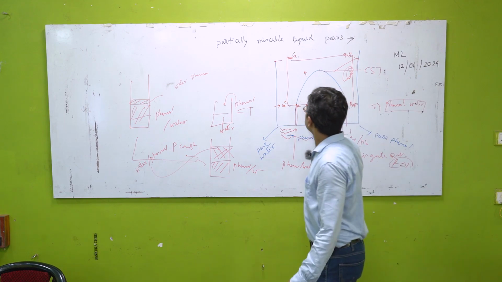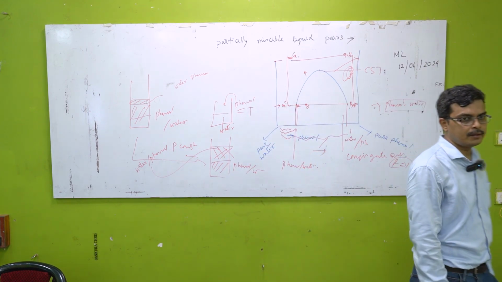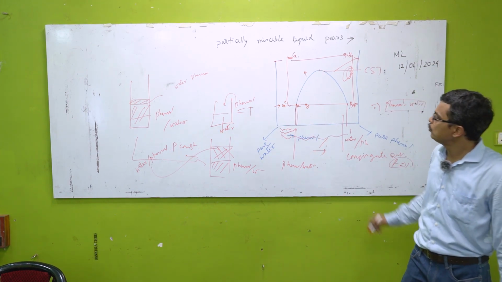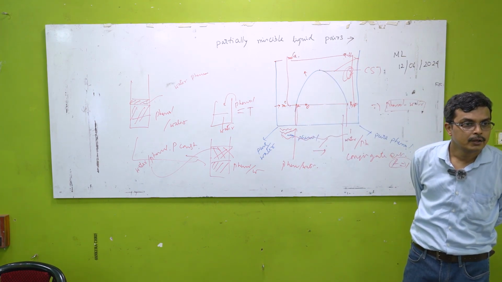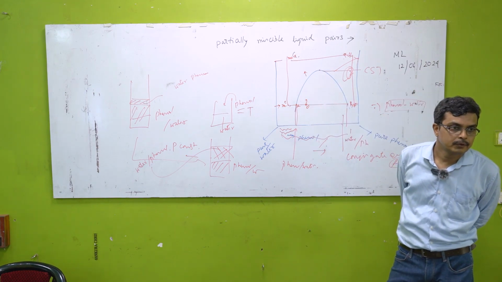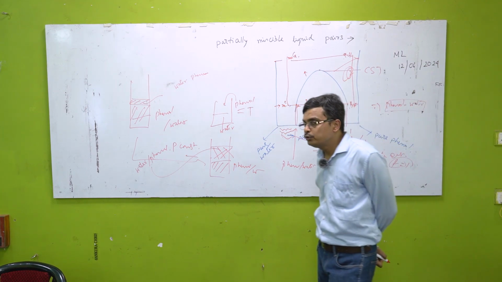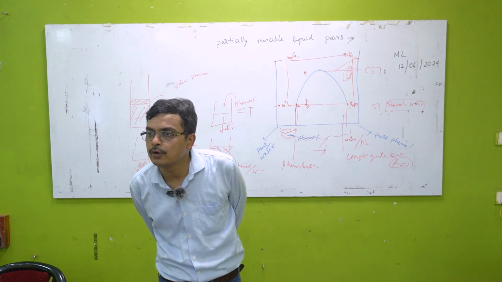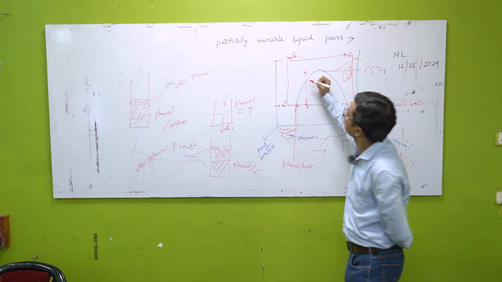Now you take the system here, suppose O. You keep the percentage of phenol in water constant, you go on increasing the temperature. What will happen? The system will move vertically. The amount of phenol in water will increase and water in phenol will decrease, and you reach here.